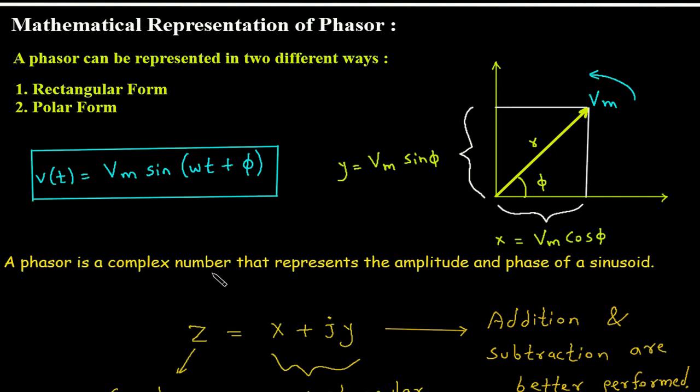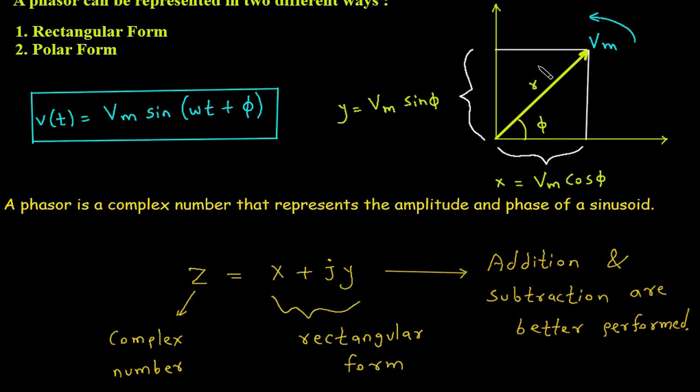A phasor is a complex number that represents the amplitude and phase of a sinusoid. So as we can see here, this r is representing amplitude or magnitude, and this phi is representing the phase of a sinusoid.